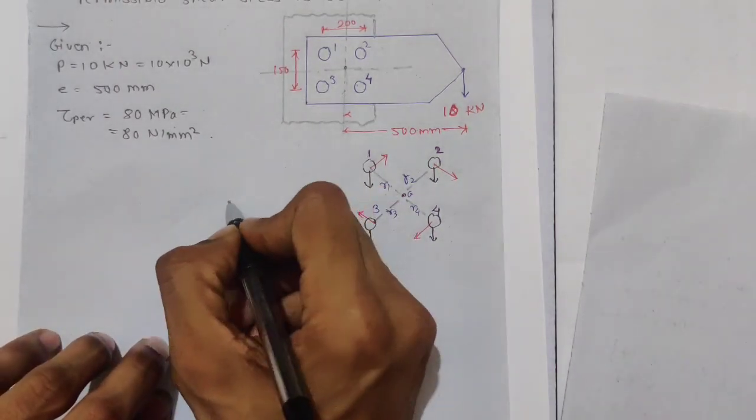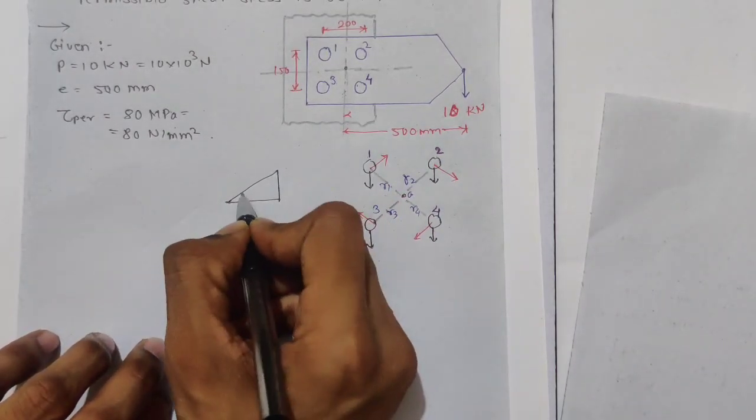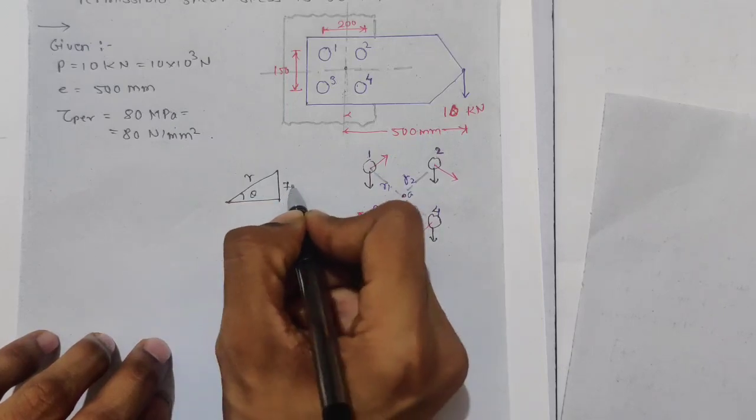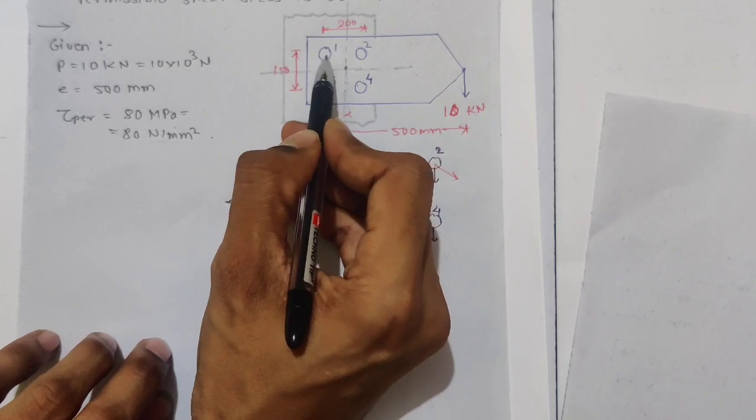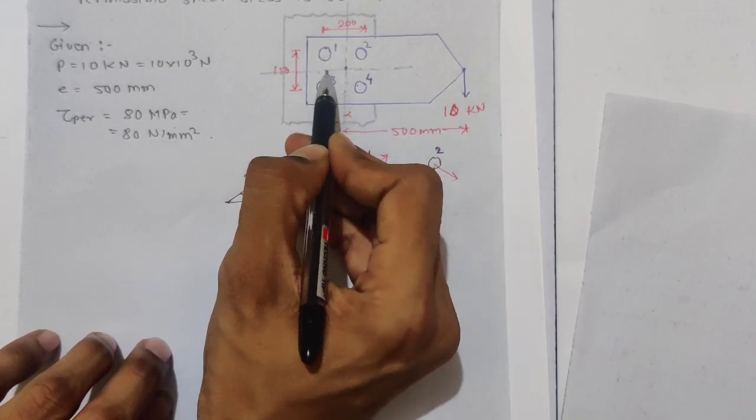So I'm just drawing the same diagram over here. Theta, R, 75 and 100. Here also it is 75 and 100.